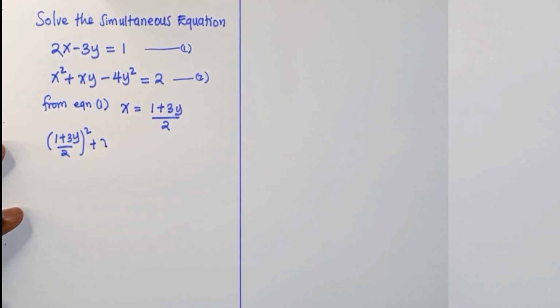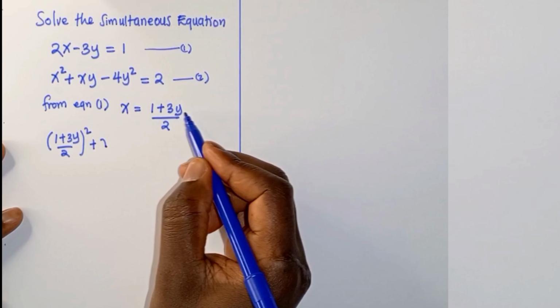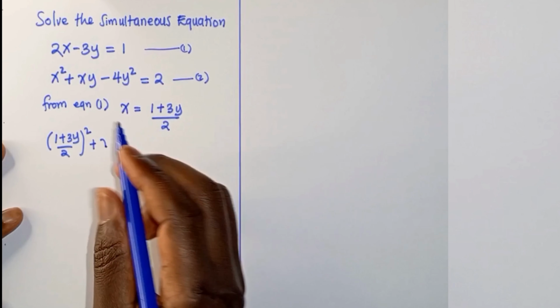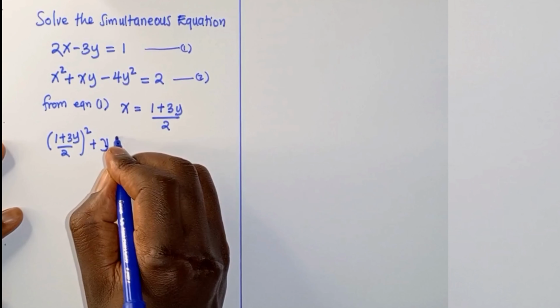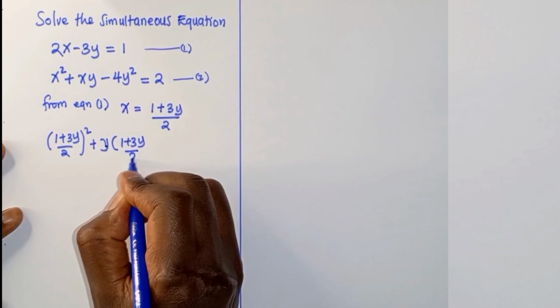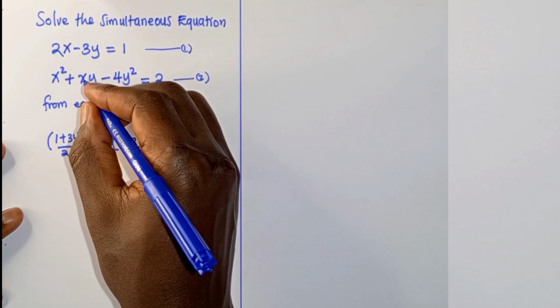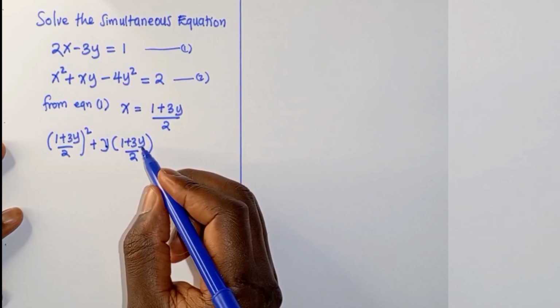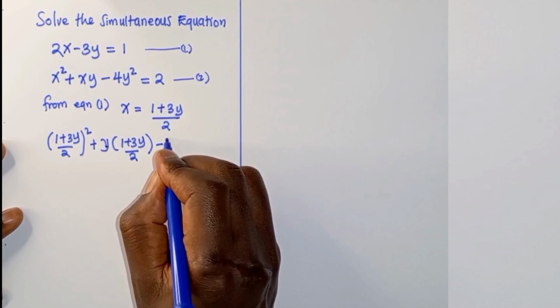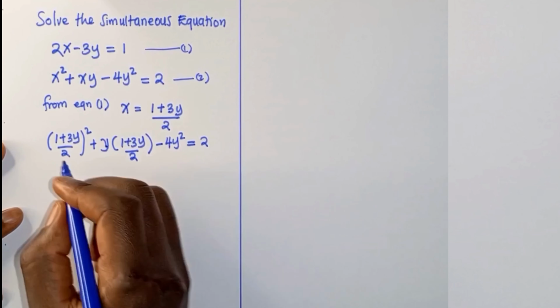By substituting x there, remember our x is (1 plus 3y) out of 2, so we shall have y into (1 plus 3y) out of 2, and then minus 4y squared is equal to 2.